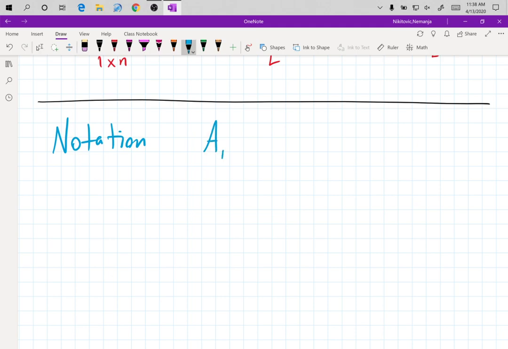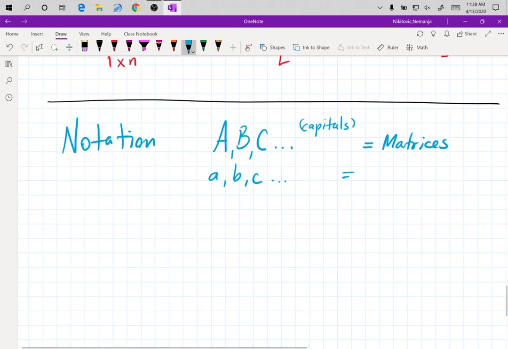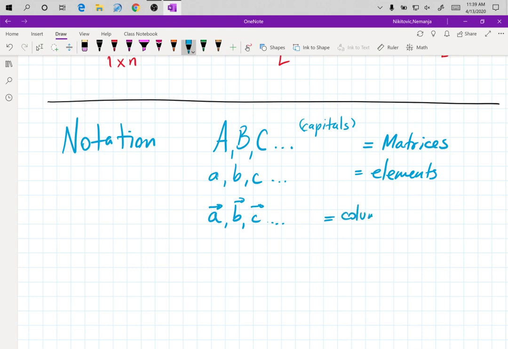So capital letters A, B, C are going to be matrices. Then you have lowercase, that is representing elements or members. And then we have these ones with arrows, column slash row vectors. Cool.